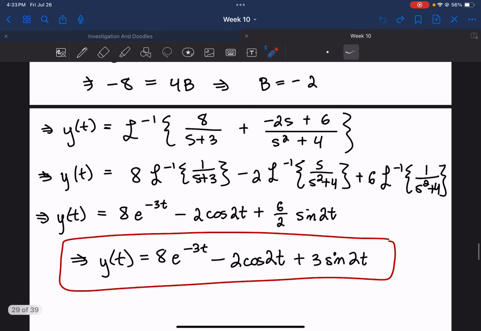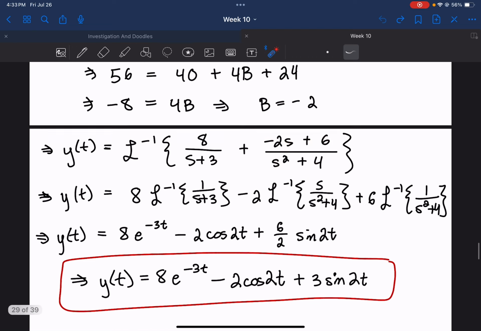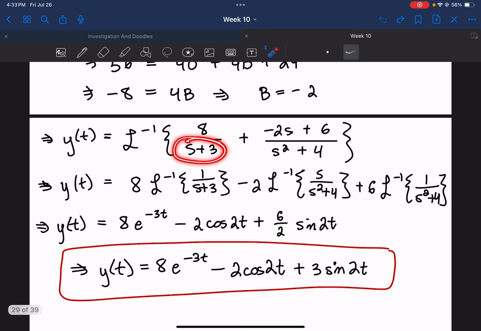So that means y of t is equal to the inverse Laplace transform of 8 over s plus 3 plus negative 2s plus 6 over s squared plus 4. And we've already found the inverse Laplace transform of 1 over s plus 3. That's e to the negative 3t. And we know this is a cosine beta t, and this is a sine beta t.